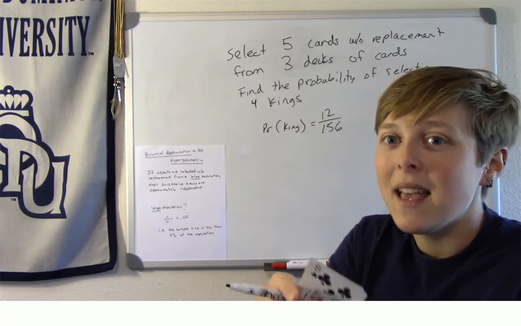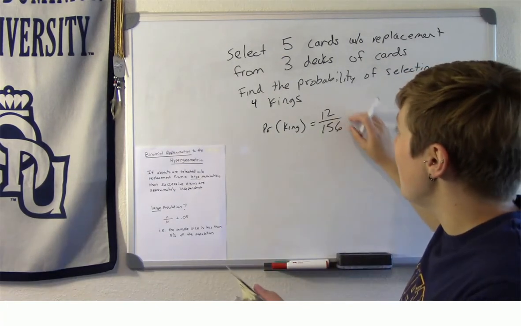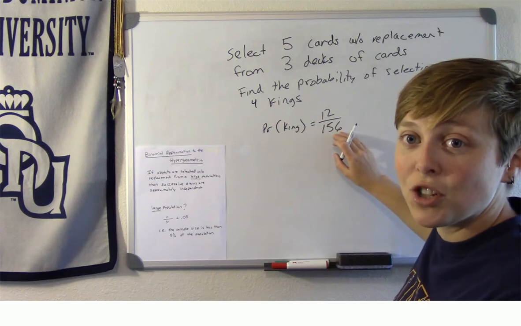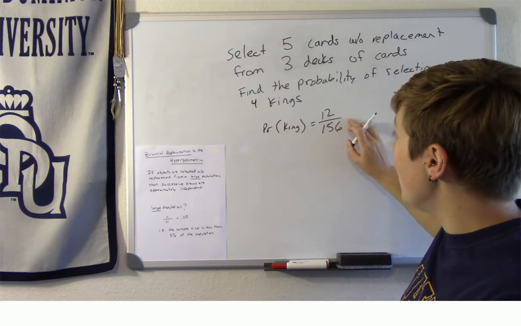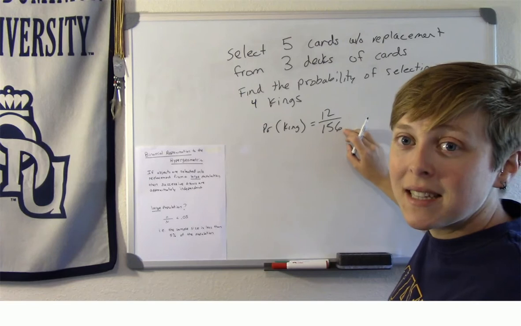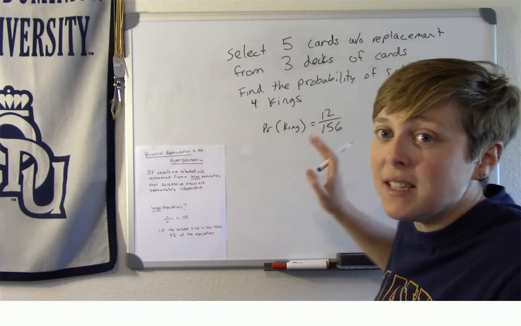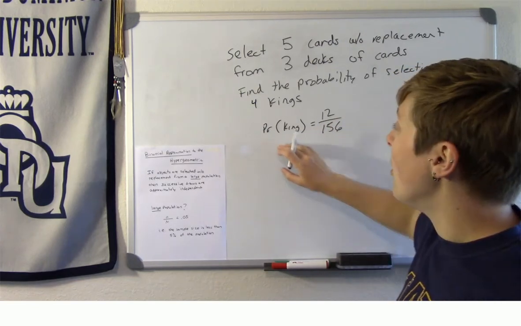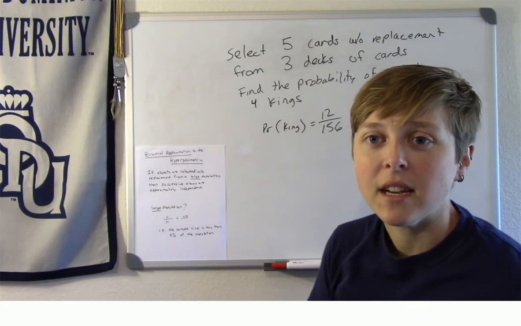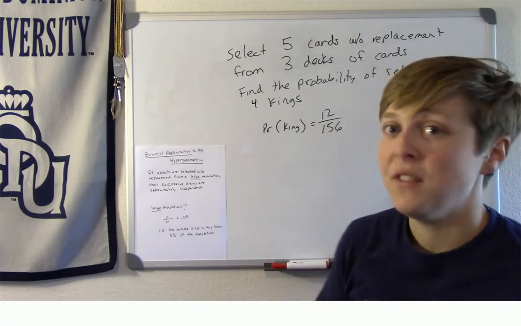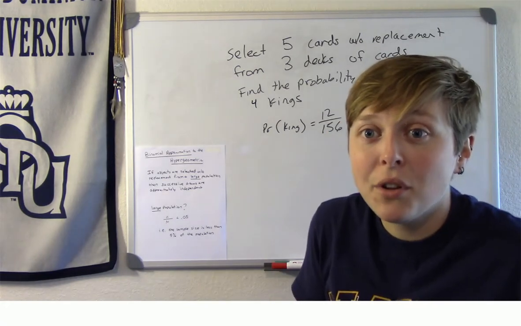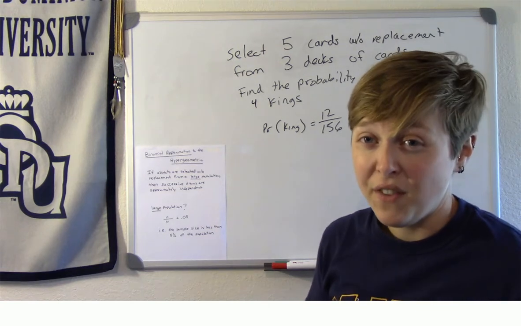But the point is that, as the sample size gets larger, taking 1 off of 156 is so minor that it doesn't have much of an influence on your probability of getting a king. So 12 divided by 156 is quite similar to 12 divided by 155.